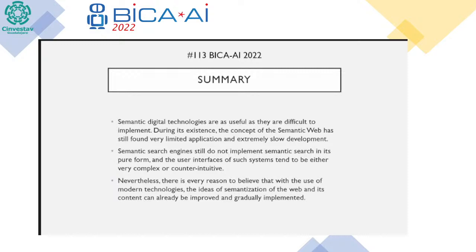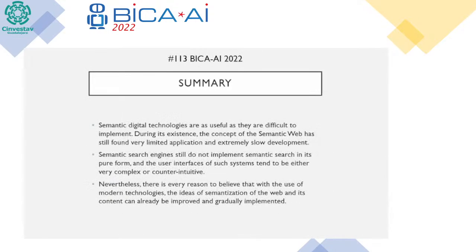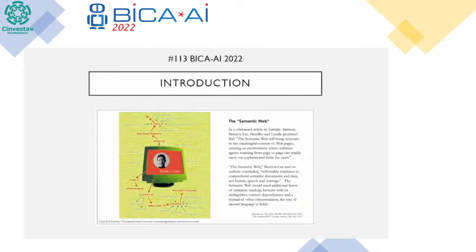In theory, semantic technologies should give structure to the content of the World Wide Web so that the search engines will work at the level of data and not at the level of web pages. This requires a universal method of machine-readable description of data.